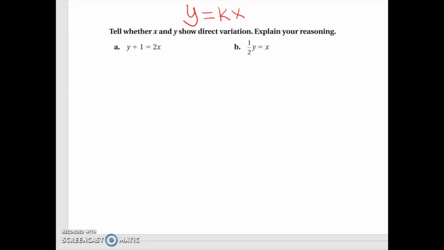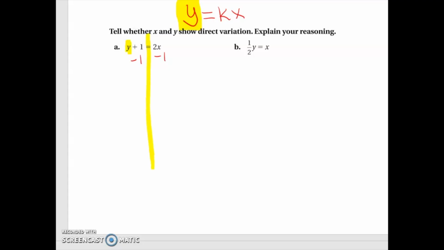So the first thing that we need to do is get y all by itself. So right now, with the y is a plus 1. So this is like solving equations. That's what we were doing in chapter 3. So we need to subtract 1 from both sides of our equal sign.